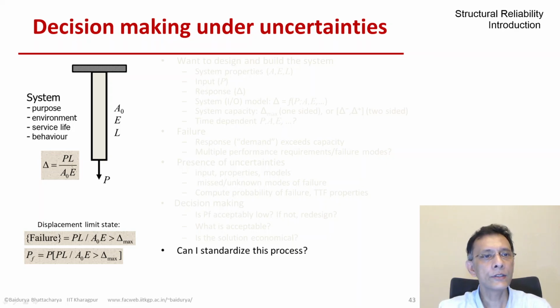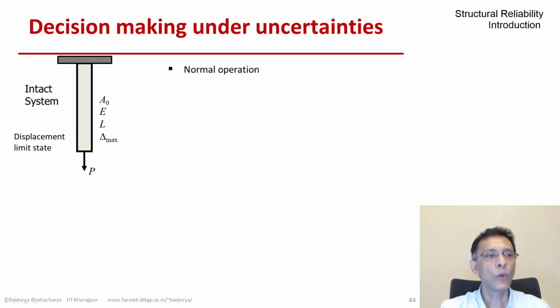Now, this is about design of a system that is yet to be built. But once we have an existing structure, some of the concerns and questions are different. The structure is already in place, and the best model of the structure is the structure itself.